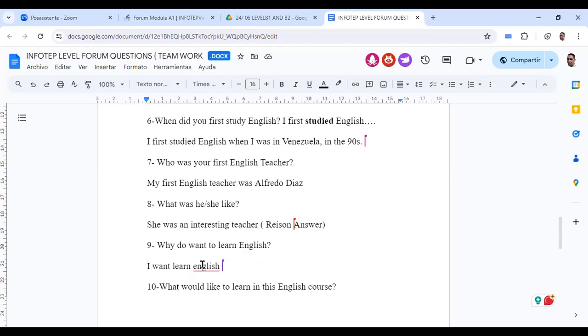English, E with a capital letter. Look here, capital letter. I want to learn English because I want to improve. Improve is to make something better. I want to improve my English. I need it for my future.